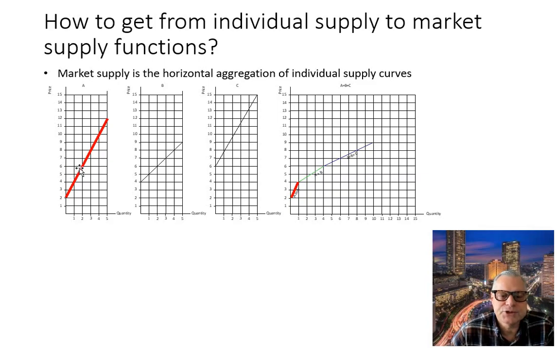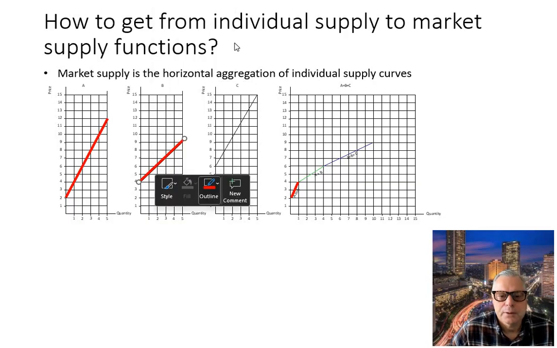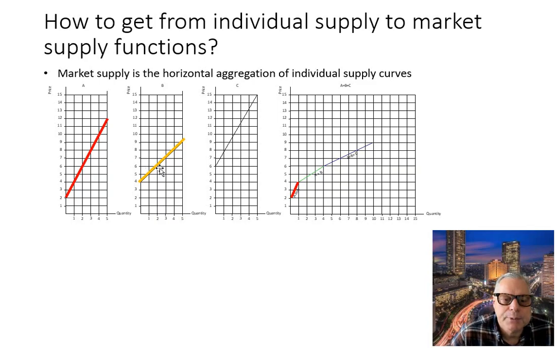So at the price of 6, producer A's quantity supplied is 2, and let's also make that a little bit bigger so we can see it better. Make this orange. And at the price of 6, B supplies another 2.